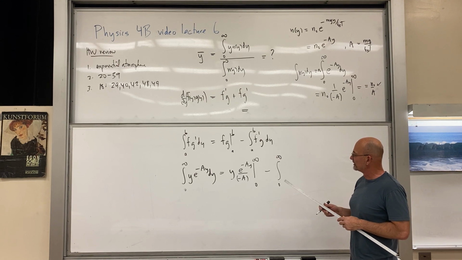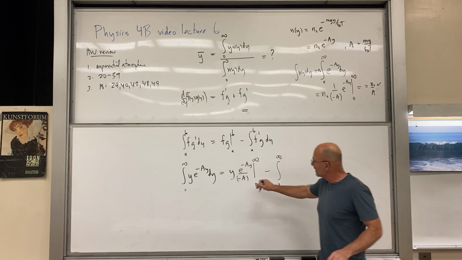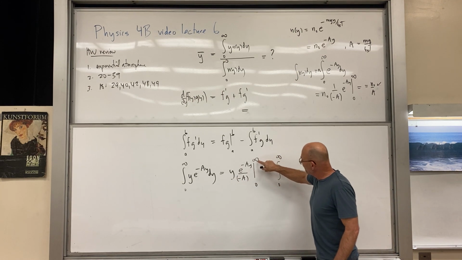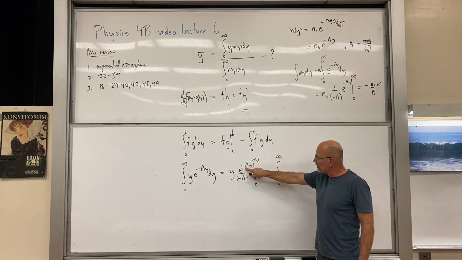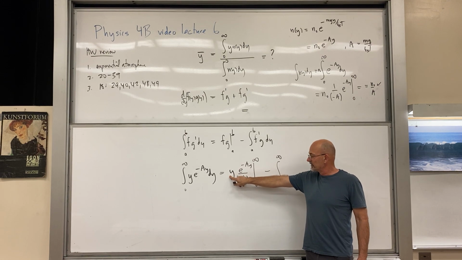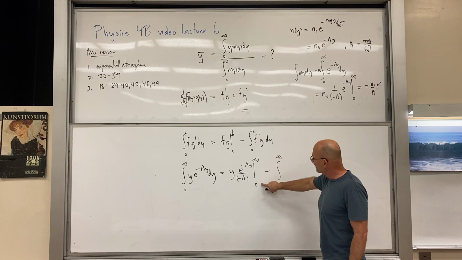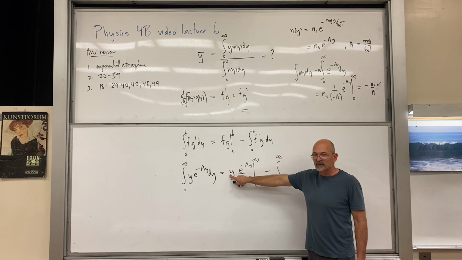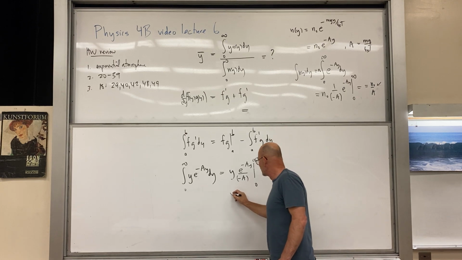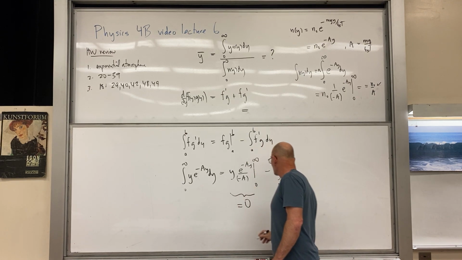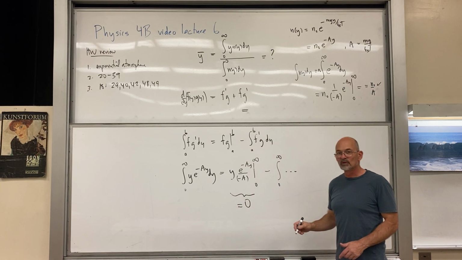So this here, evaluated at infinity, e to the minus ay suppresses the y here. And then evaluated at 0, you just have a 1 here, but y equals 0. So this equals 0, and then this next integral will give you your answer.